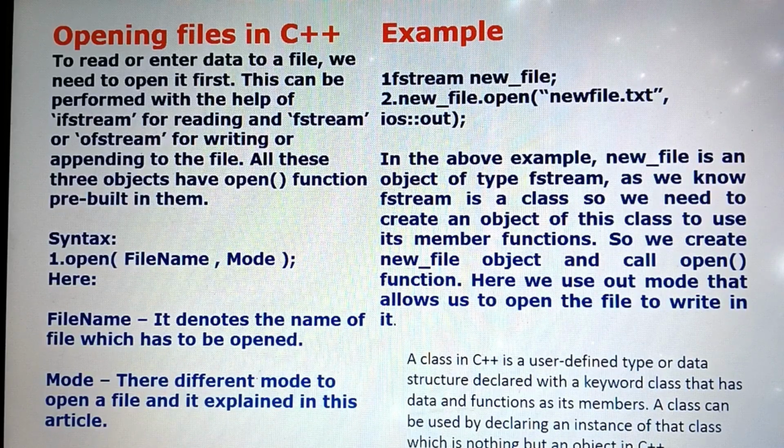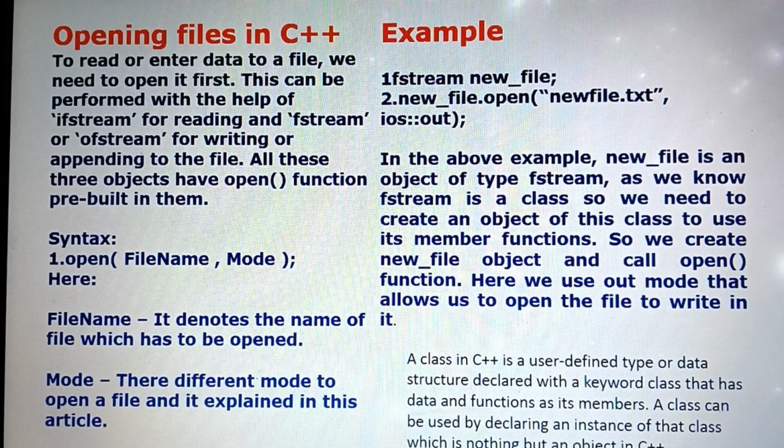All functions are included in the fstream class. Then how can we use those functions? If you want to use those functions, we have to create the object of fstream. We cannot use the member functions of a class directly with the class. We have to create the object of the class. So we have given the object name new file. The new file is the object of fstream.